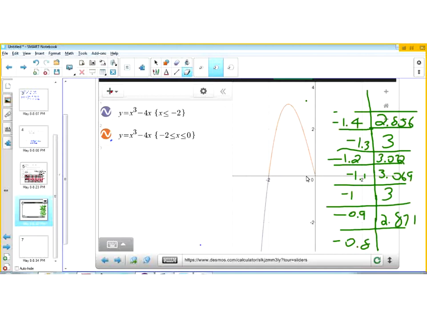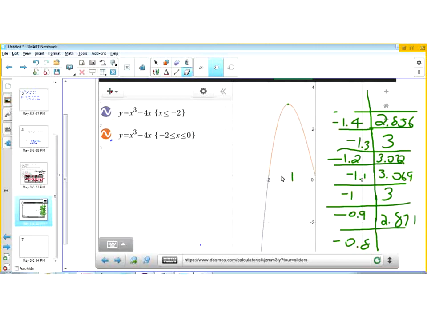So, .25, let's see, so 1 would be right here, right? Here is 1. And notice that the largest value, this little vertex, doesn't occur at x equals 1.